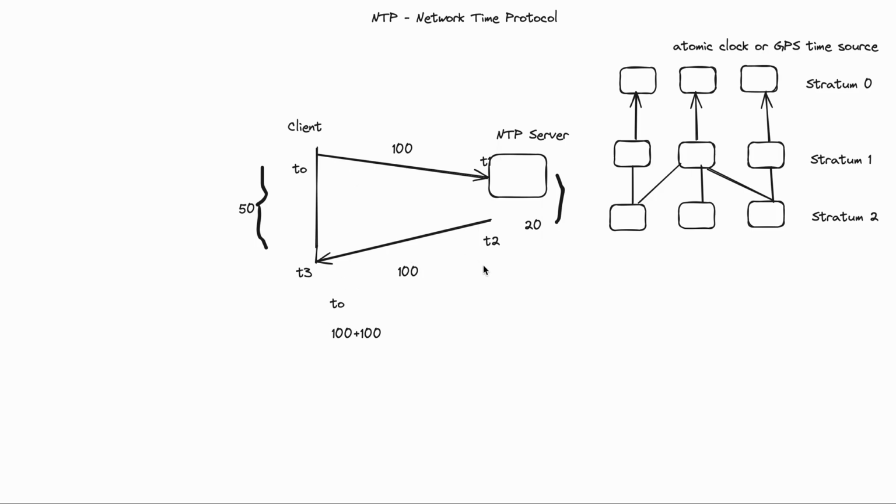T1 minus T0 plus T2 minus T3 is 100 plus 100, 200 milliseconds.